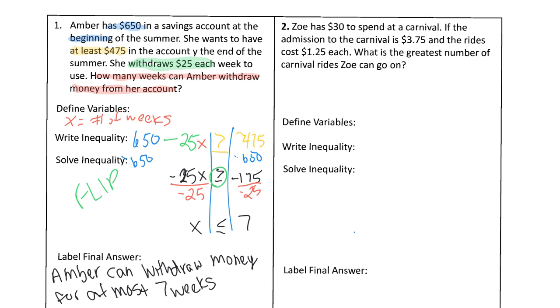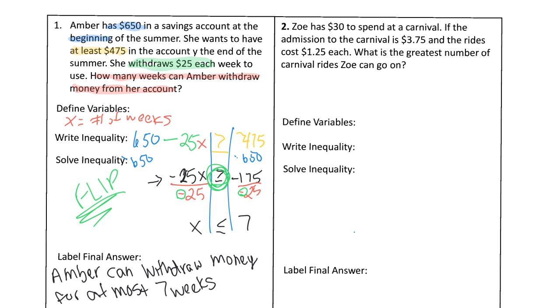Okay, so when I solved, I subtracted 650 first. Then I had negative 25x is greater than or equal to negative 175. I divided both sides by negative 25. So that tells me I need to flip my inequality symbol.